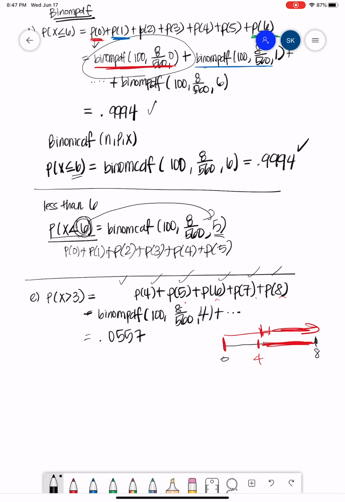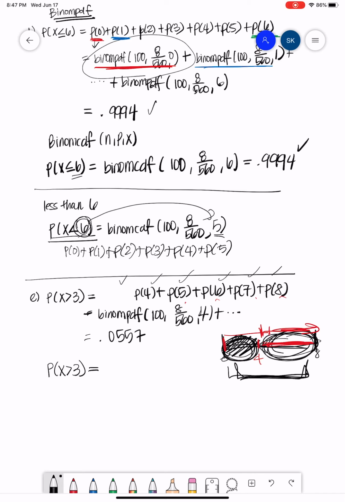Here's how you interpret it. P of x greater than 3 is equivalent to 4, 5, 6, 7, 8. How do you get this? Well, I could interpret it this way. Here's my whole thing, but I can subtract this part, then I'm going to get 4 to 8. One more time. I have this whole thing to consider, the whole event. I'm going to subtract this beginning part, then I get the remaining 4 to 8.